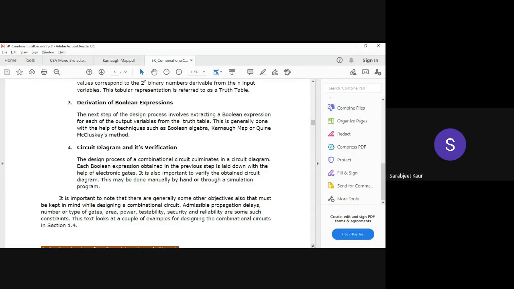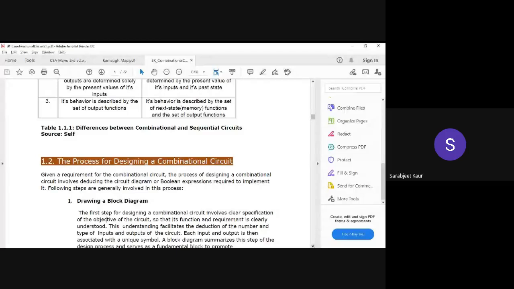Or this verification may be done through a computer program that works out the circuit and gets the desired result. This kind of program is known as a simulation program. So these are the 4 steps that are generally involved when we design any combinational circuit.